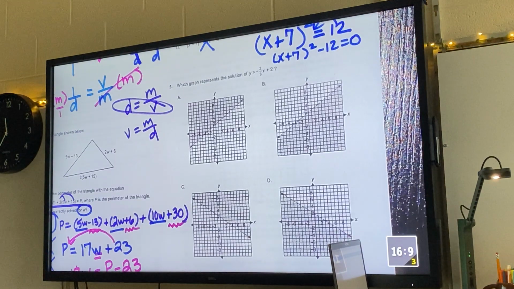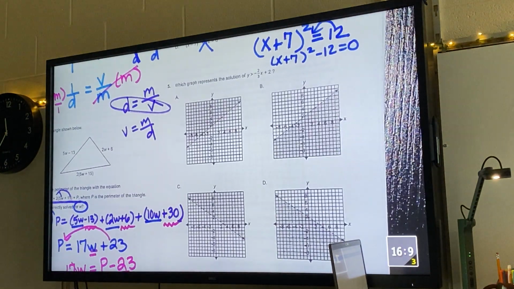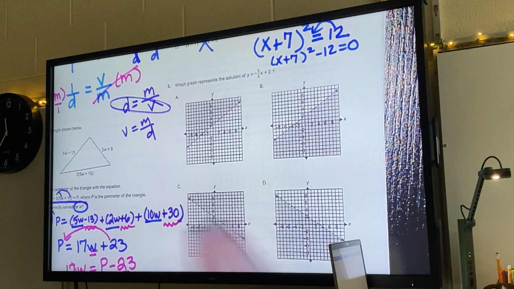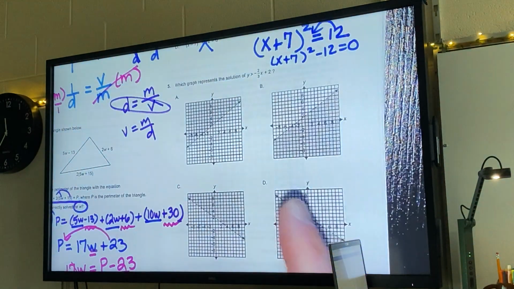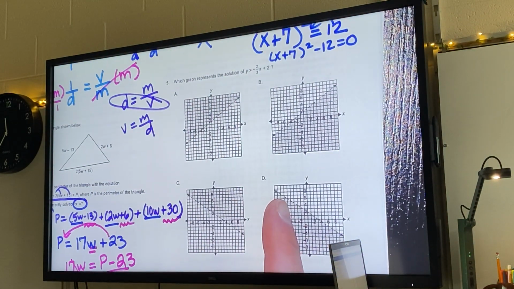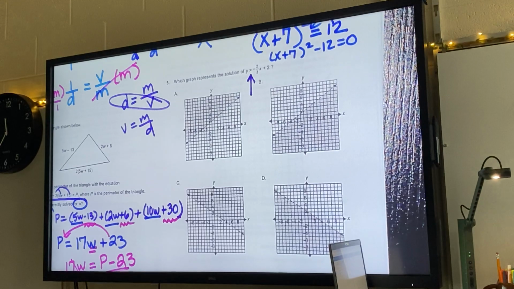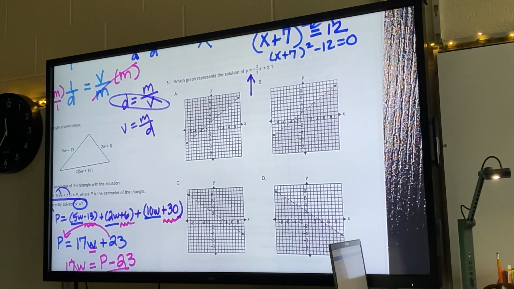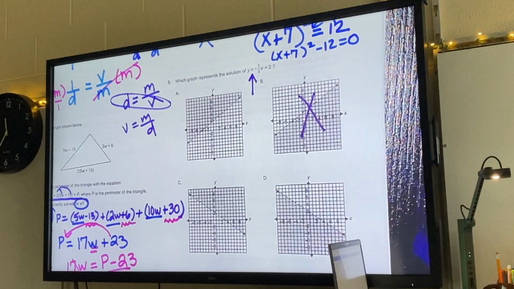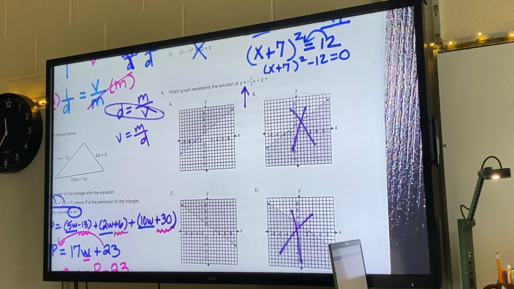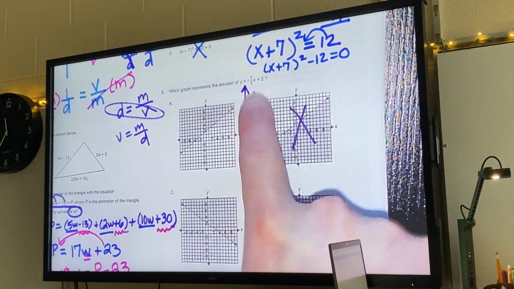For the next one, it's graphing. Again, you can 100% put this on Desmos. Look at the picture, look at your pictures, pick the right one. But let's narrow it down real quick. Look, this is a greater than symbol. If it's greater than, you color above or below? Above. So look. Next part. Look at the slope.